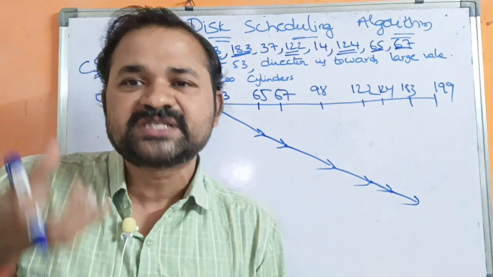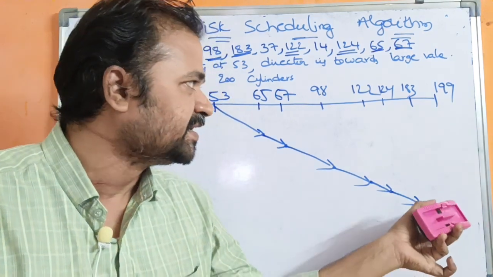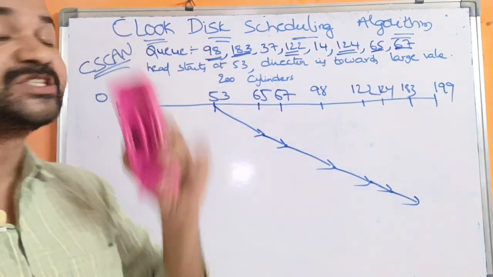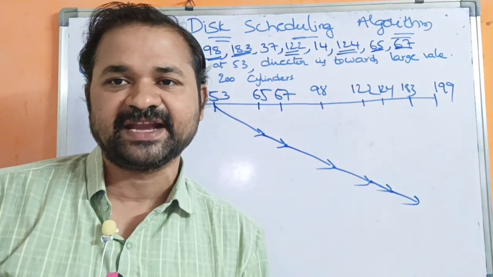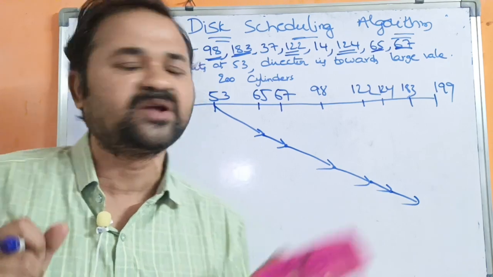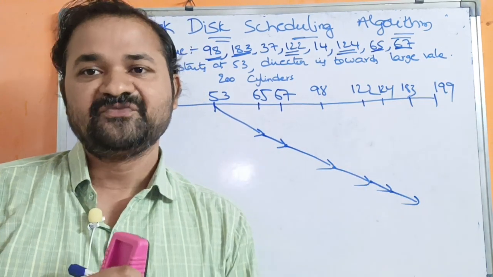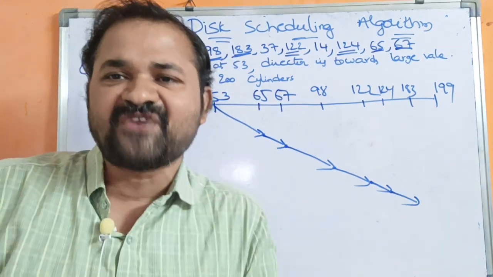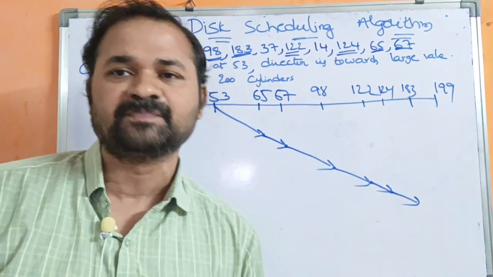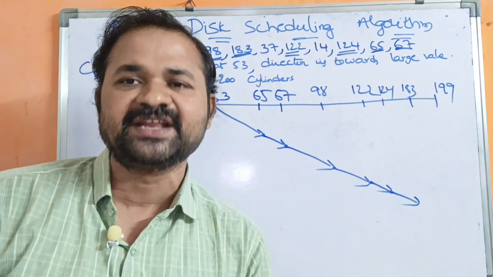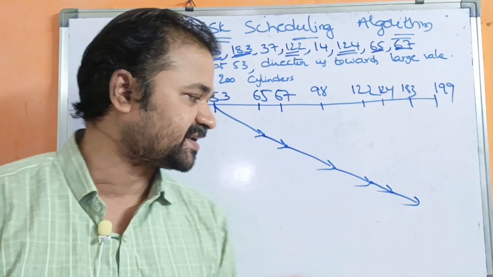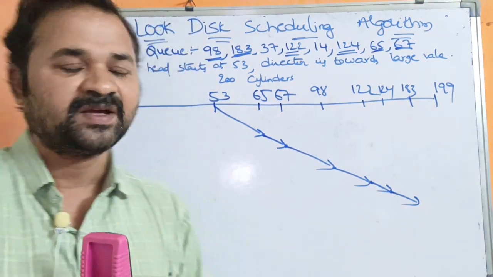We have to process that cylinder 199 also. But in the CLOOK disk scheduling algorithm, there is no need to serve the final cylinder. We have to serve only the final request. Suppose the final request is for 199, then we serve 199 also. But here the final request is for cylinder 183, so we serve 183.